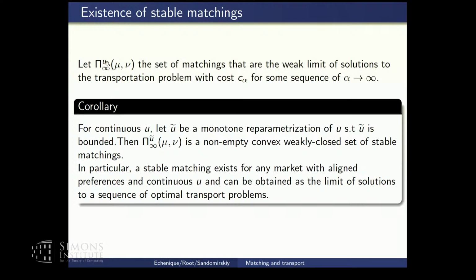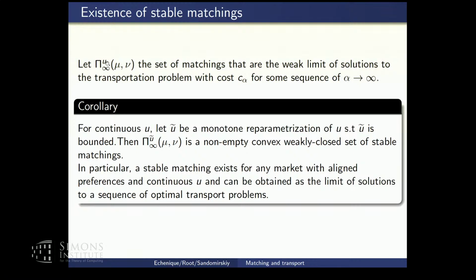This actually, by the way, even though x and y may not be compact, there's enough compactness in the optimal transport problem, due to the fact that the marginals are fixed, that this type of thing makes sense. So, for example, you can get existence of optimal transport problems even without assuming compactness.